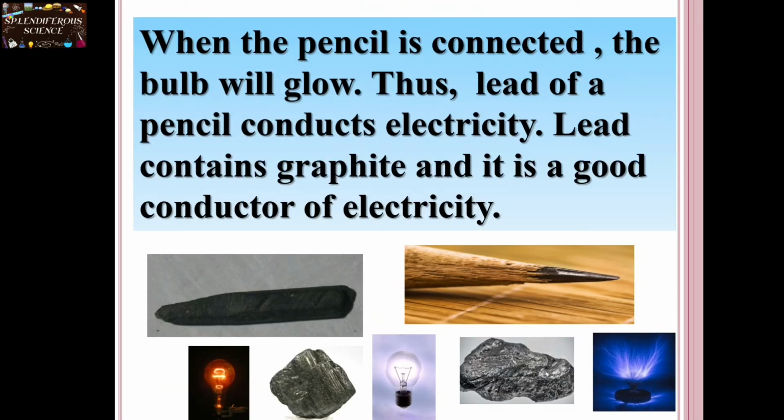When the pencil lead is connected, the bulb will glow. Thus, lead of a pencil conducts electricity. Lead contains graphite and it is a good conductor of electricity. So, what happens when you connect a pencil? The bulb will glow because the lead consists of graphite.